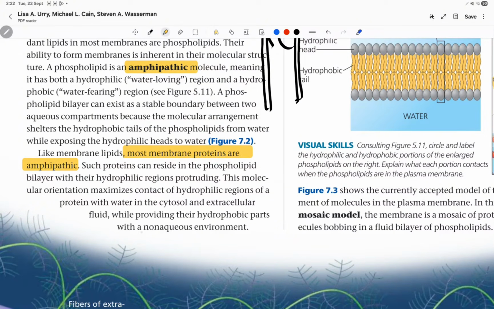If we use the word non-aqueous environment, would that be hydrophilic or hydrophobic? Hydrophobic. It's afraid of the water.